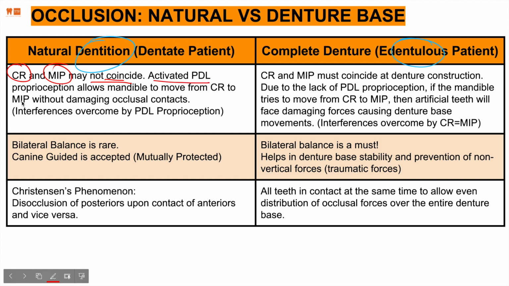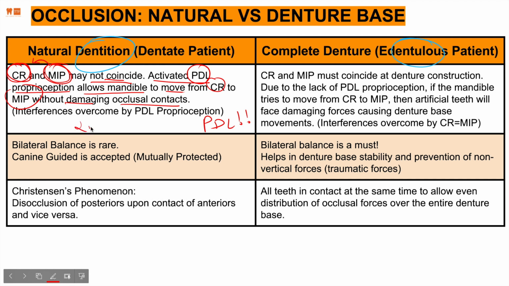It is activated by PDL proprioception that allows the mandible to move from centric relation to maximum intercuspation without damaging occlusal forces. See, basically what happens in natural teeth is our proprioception given to us by the PDL is extremely useful to move the mandible from maximum intercuspation to centric relation posteriorly.